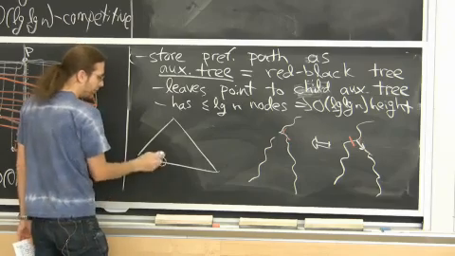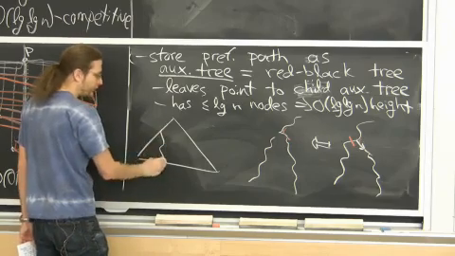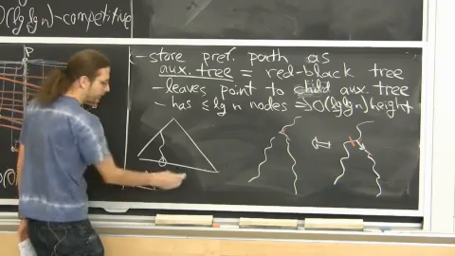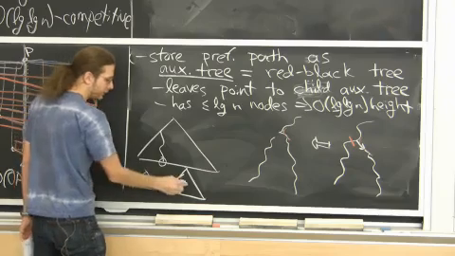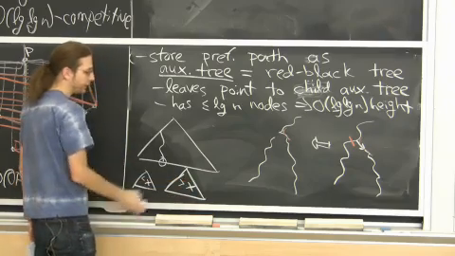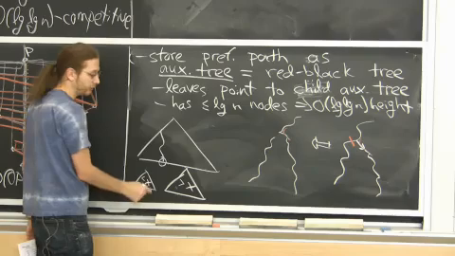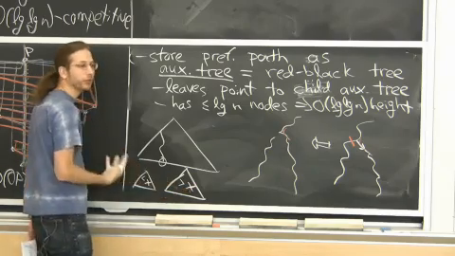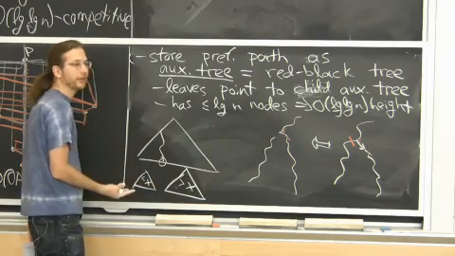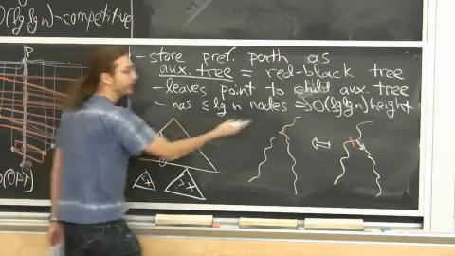Given a query x, you can cut this tree into 2 halves and get 2 red-black trees, which represent everything to the left of x and everything to the right of x. Similarly, given 2 trees that are sorted like this, where all the elements are less than all the elements over here, I can concatenate them into one red-black tree. And all of these take log n time, where n is the number of nodes. Here, that would be log n time.